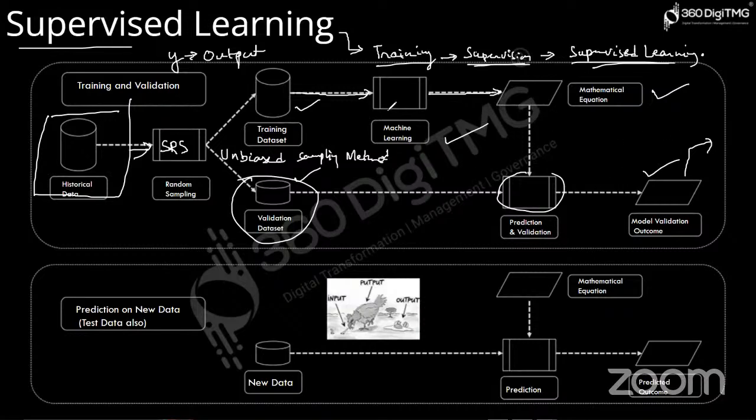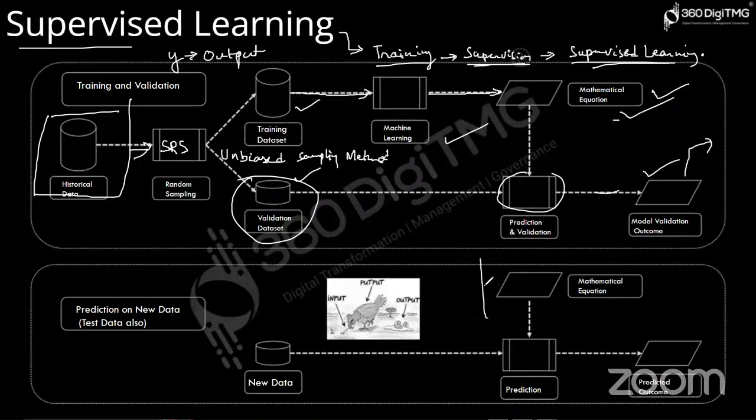If it is not showing good results, we fine tune the model and do the same testing again, until we get a good model. Once the final good model is found, we take that mathematical equation.